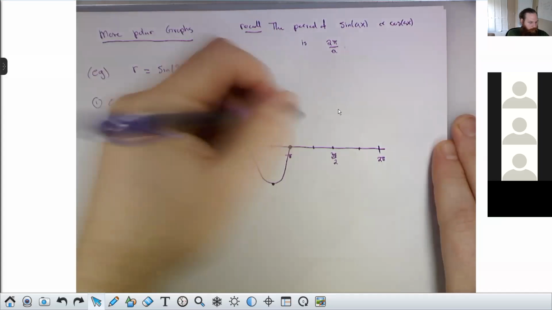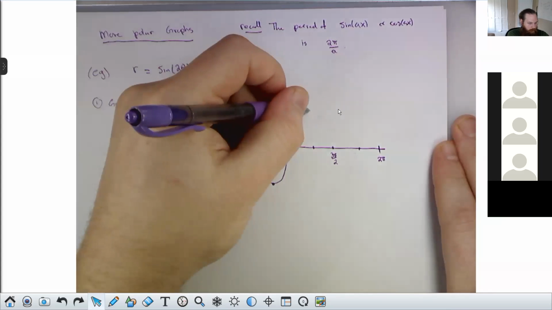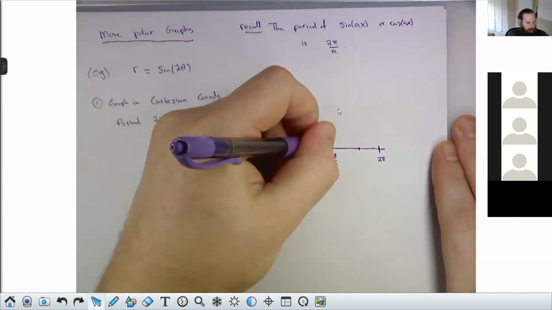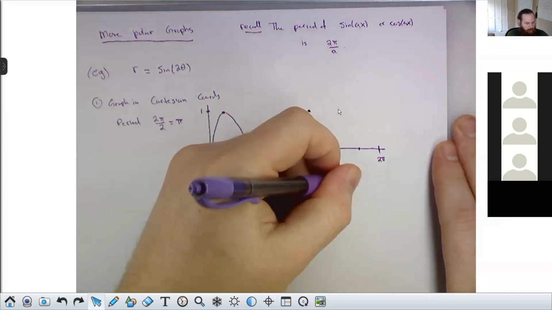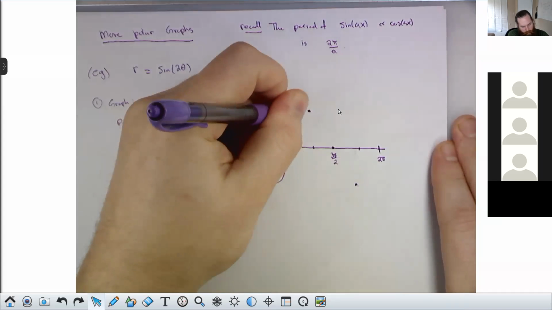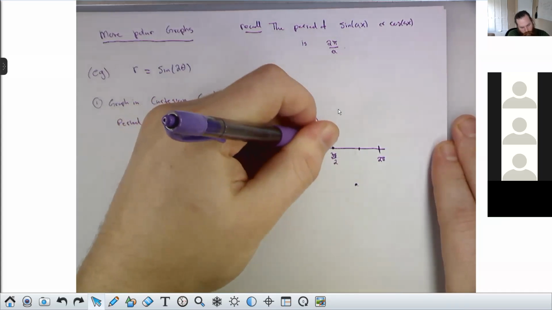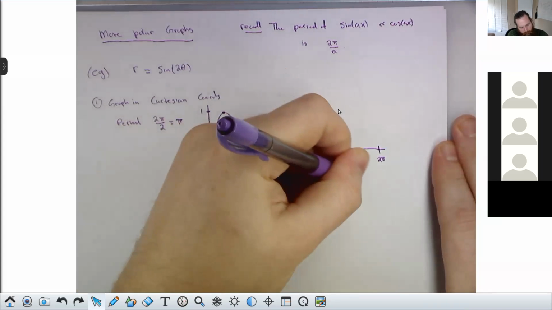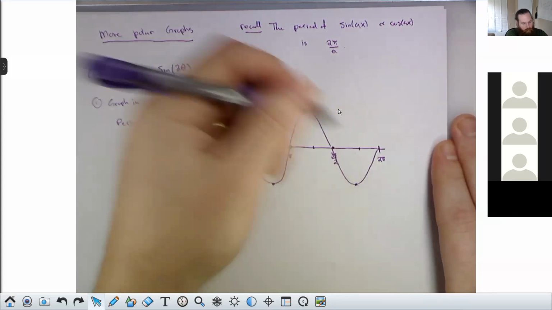And then we have another full period between pi and 2 pi. So graphing sine 2 theta in the normal rectangular coordinate system looks like this.